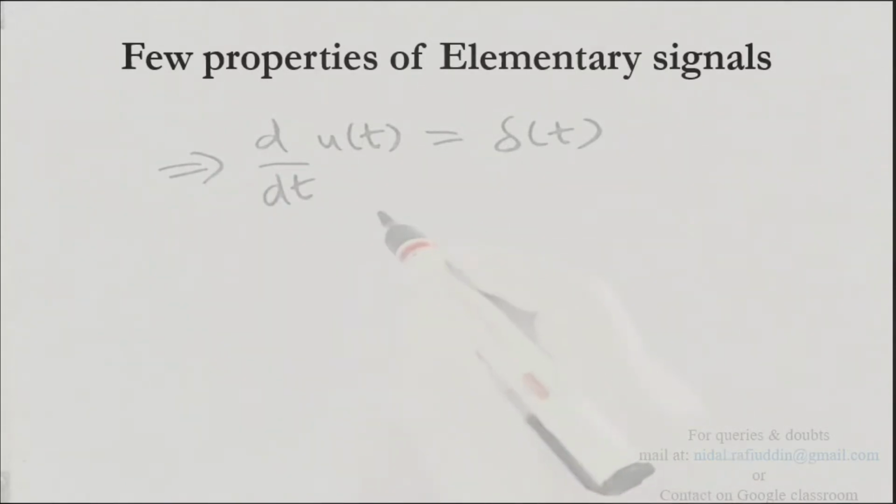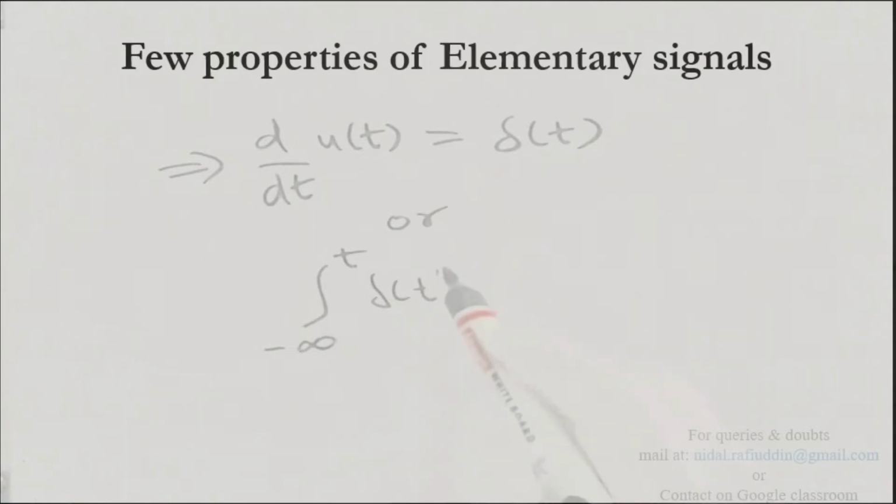In other words, we can say that if we integrate the signal delta(t) from minus infinity to t, then this is equal to u(t).